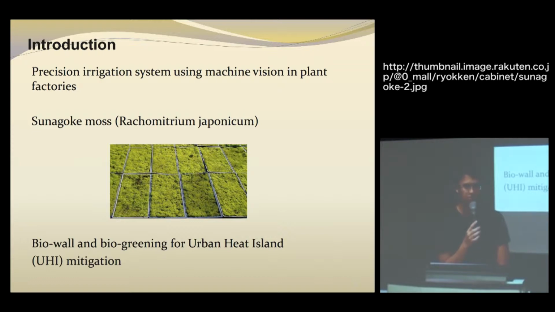It's a moss found in Japan. Here you can see on the photo the Sunagoke moss. It's mainly used for biowalls and biogreening to reduce the heat of the urban heat island. The urban heat island is when the city becomes warmer than other rural areas because of human activity.